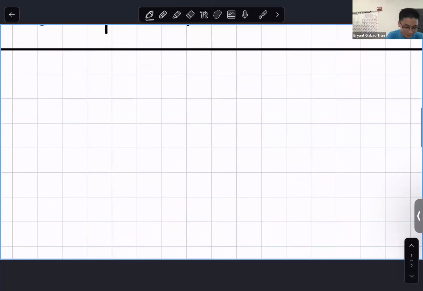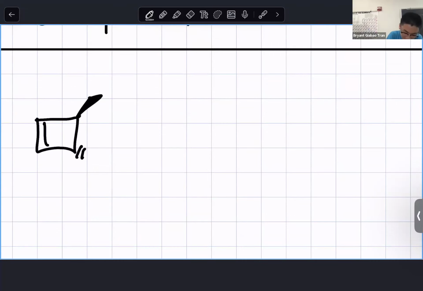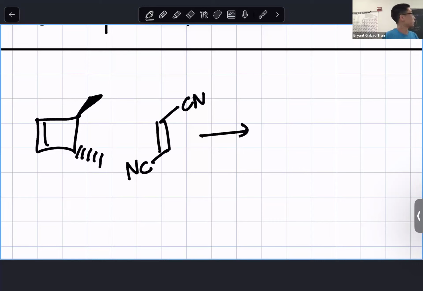So let's see. I remember one of the problems was something like this. And then it was, was it a dienophile? Trans, yeah, I see. Dang, this is a tricky one, because there's going to be 4 different products here, right? And this is under heat.